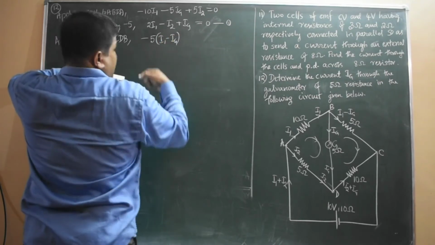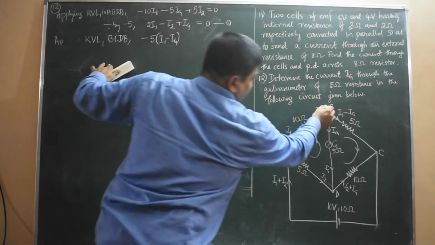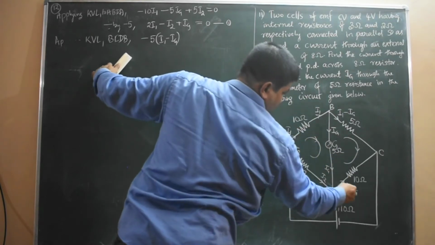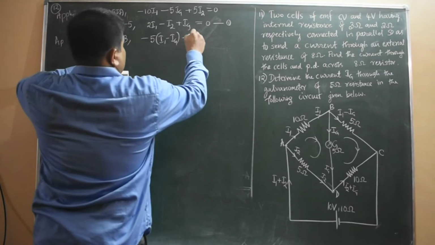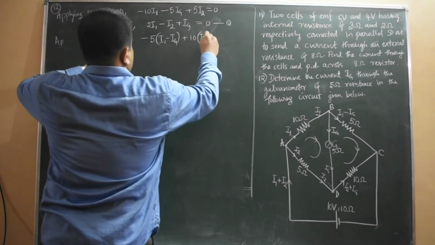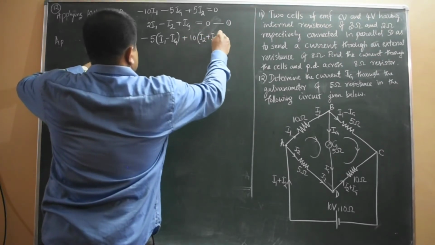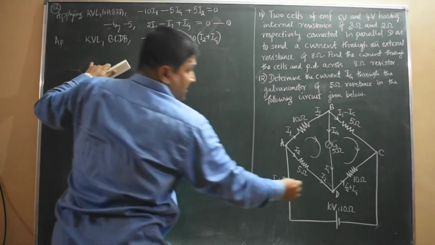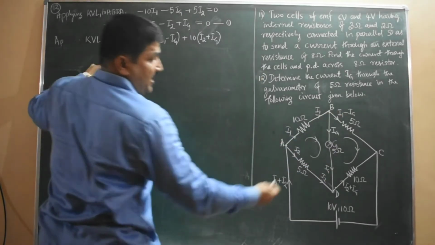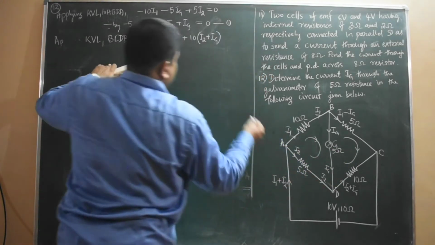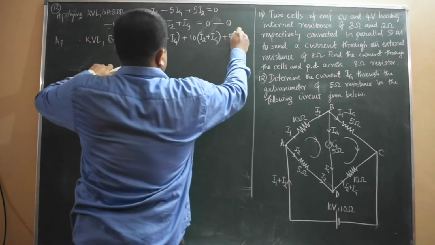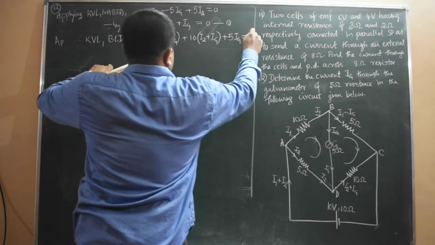Then B to C, then C to D, opposite the current direction, current I2 plus Ig, resistance 10. So plus 10 times (I2 plus Ig). Then D to B, again opposite to the current direction, so plus 5 Ig, equal to 0.